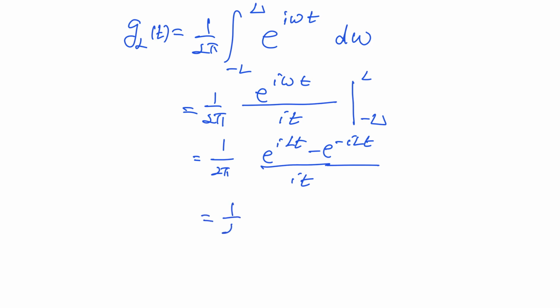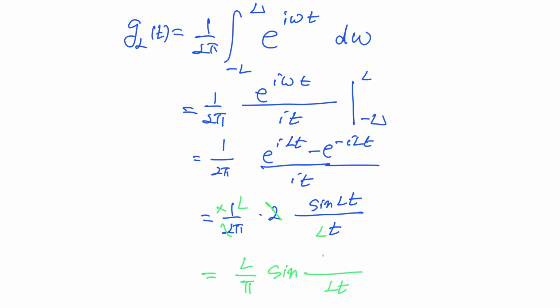So 1 over 2 pi times 2 over t times sine L t. So we divide by L and multiply by L. It becomes L over pi times sine L t over L t.